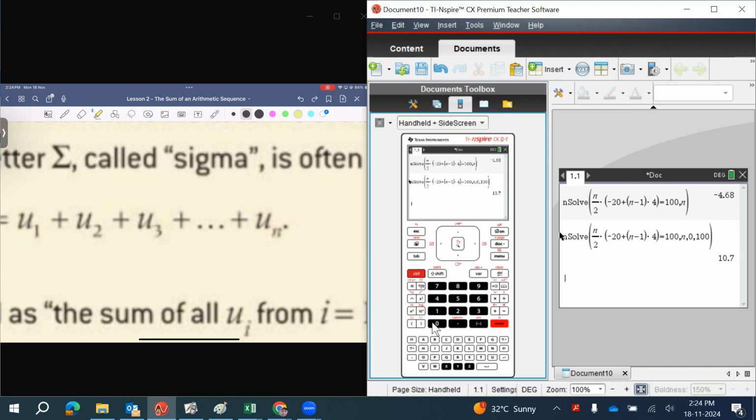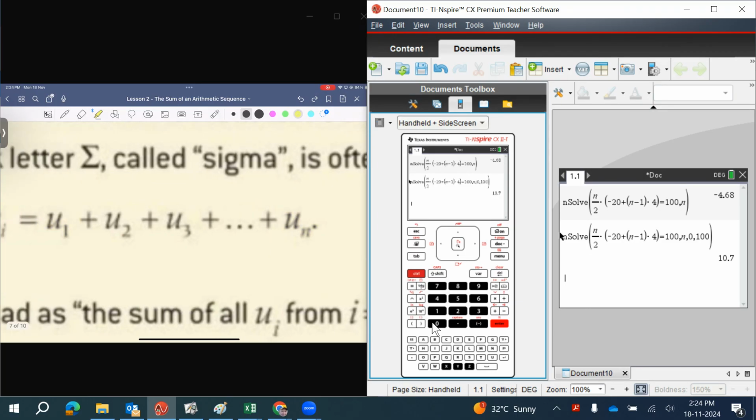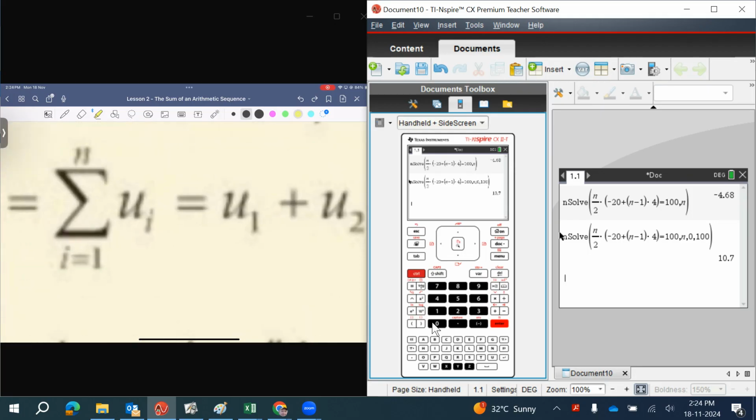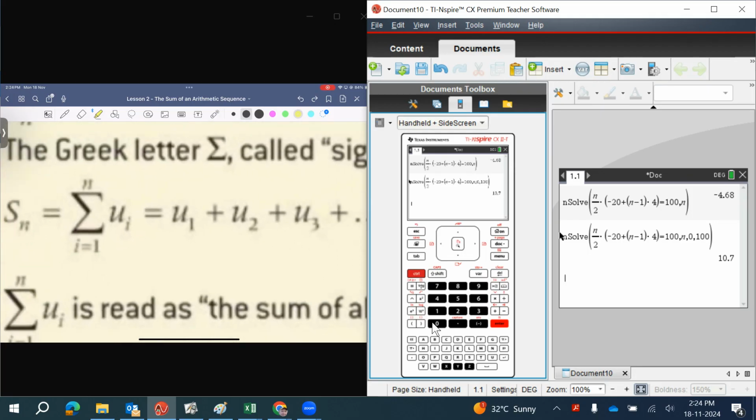We can also write it using the sigma notation. The way that this works is we have this symbol here, sigma, which is for a sum. We start with this lowercase i equals 1. i is our iterative variable, so i equals 1 is the first term in the sequence. That's this one.